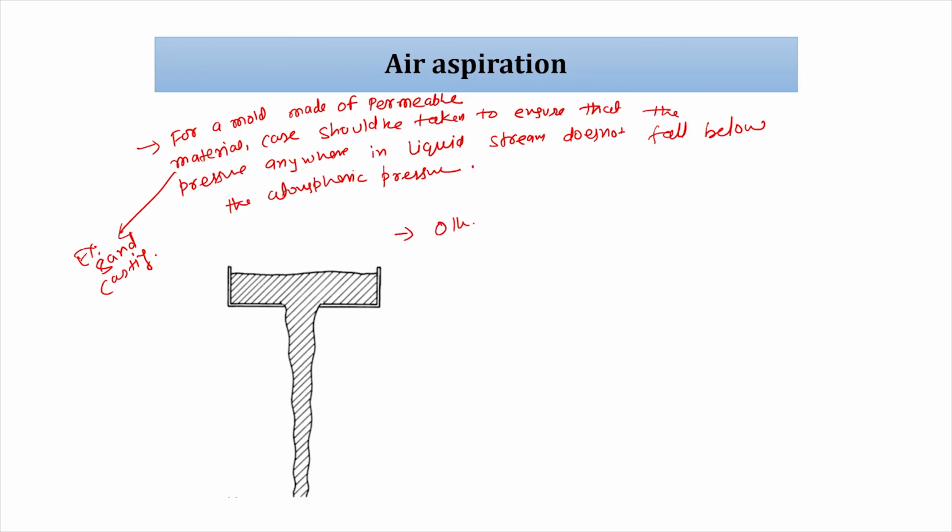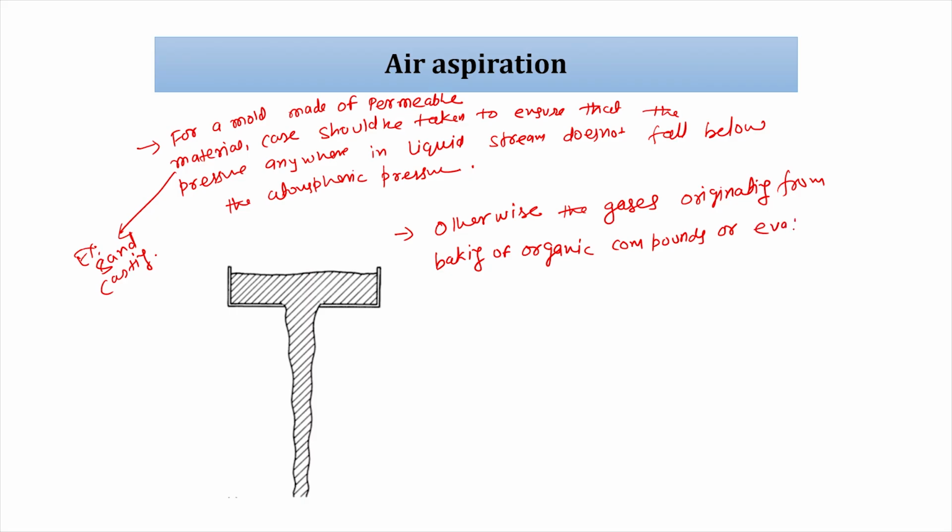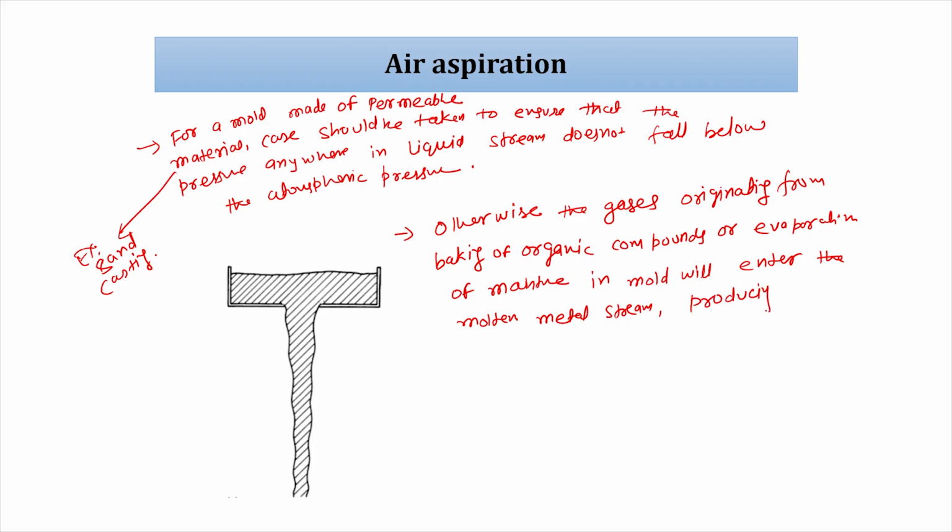Otherwise, gases originating from the baking of organic compounds or evaporation of moisture in the mold will enter the molten metal stream, producing porosity, and the casting will be affected.